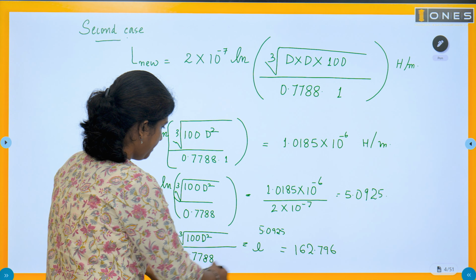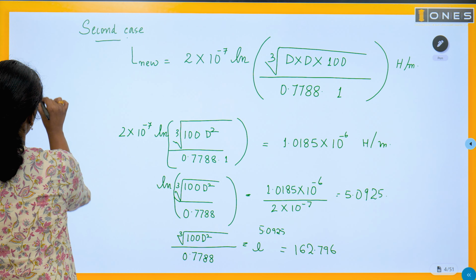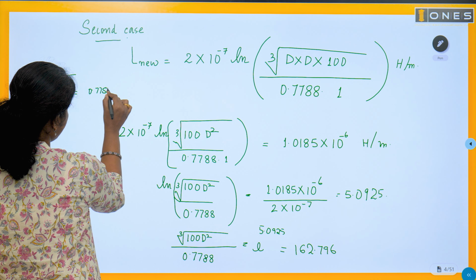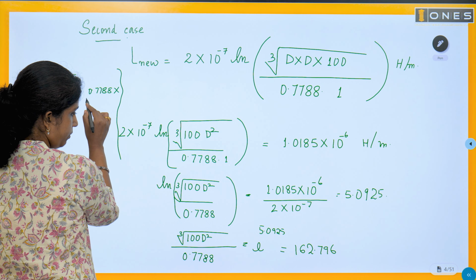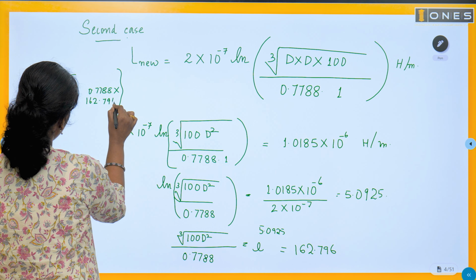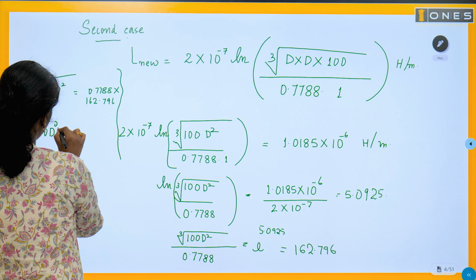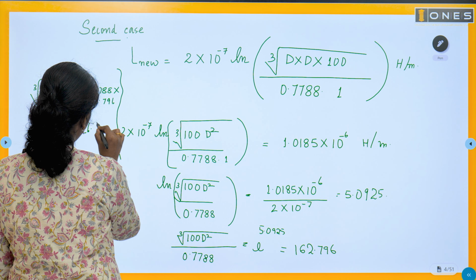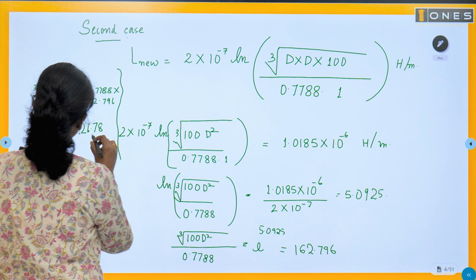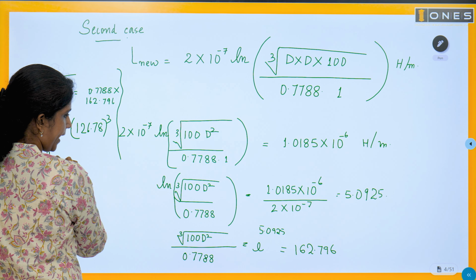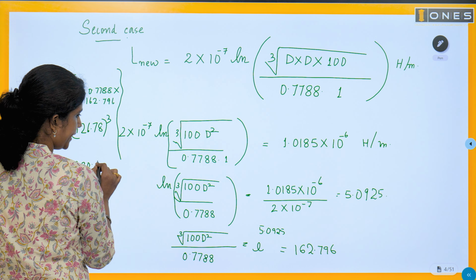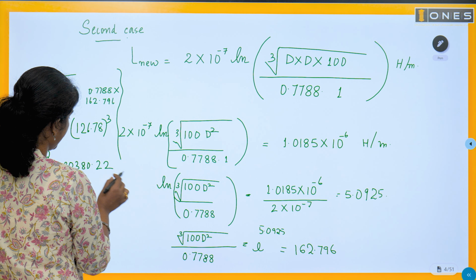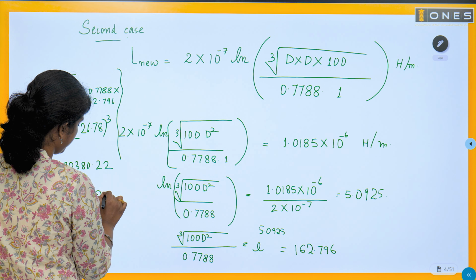Now just multiply. So the cubic root of 100 D square is equal to 0.7788 into 162.796, and you will get 100 D square, the whole cube, as 126.78. So you will find D square as 20380.22, and D you will get as the root of 20380.22, that is 142.7 centimeter.